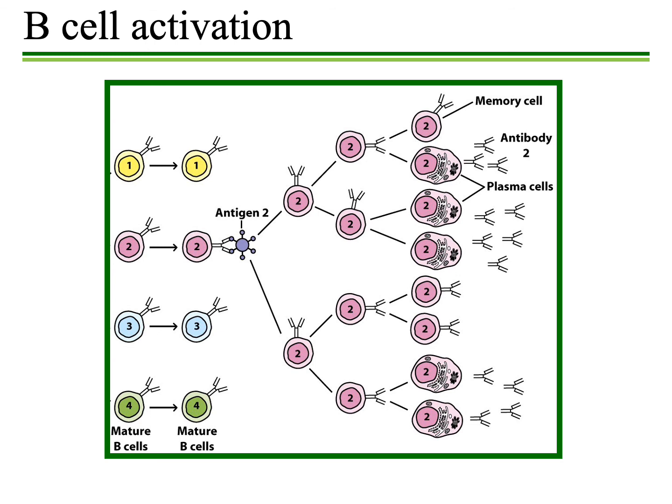That is, they can bind to the exact same antigen that triggered their activation. So what you see here now is the activation and propagation of that specific B cell type to interact with that specific antigen. And in this case, we have memory cells that are being produced as well as effector cells.